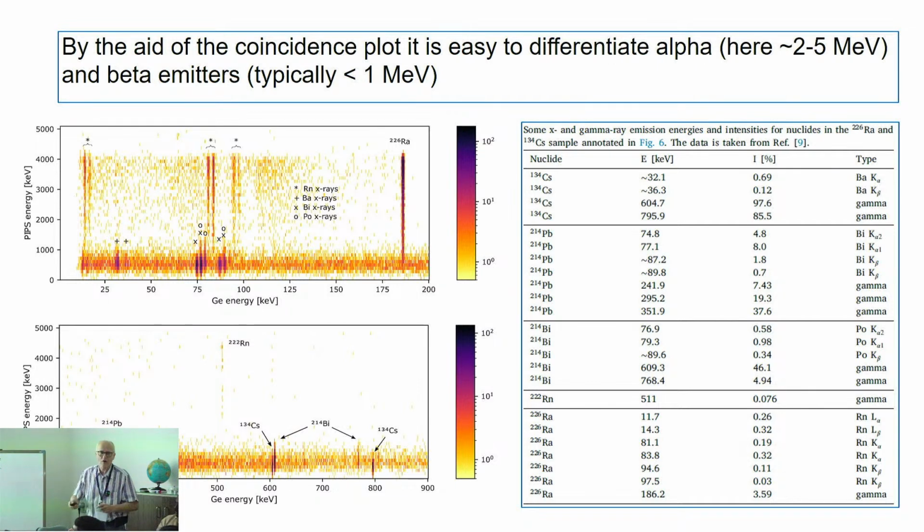So this is a very complex way to analyze the spectra. But we will have a lot of information that we cannot obtain by using only gamma spectrometry or only alpha spectrometry. We can combine these two methods.